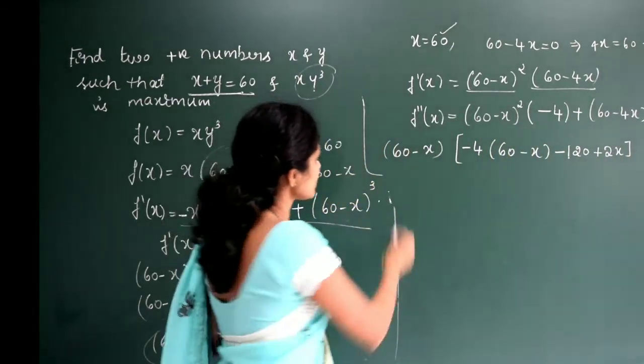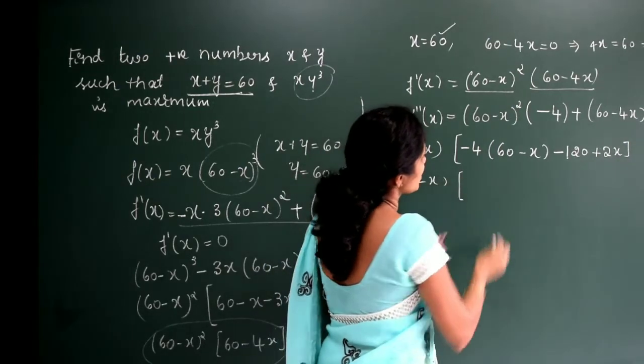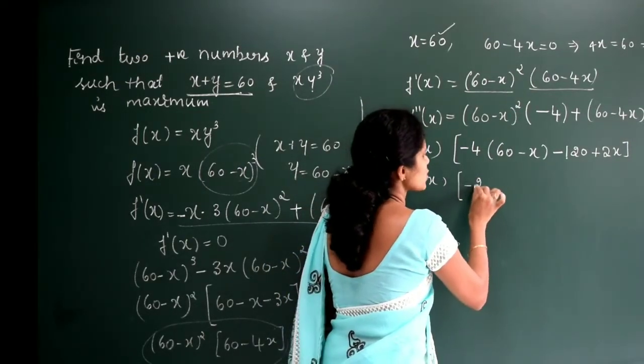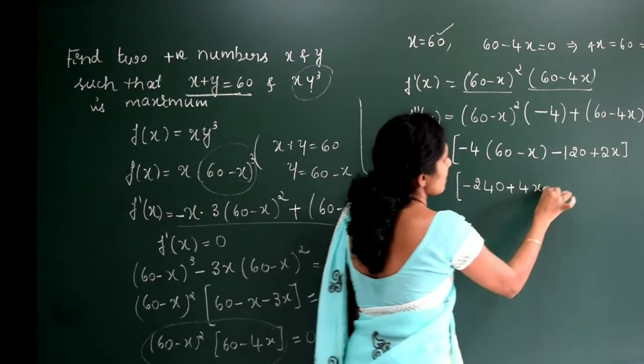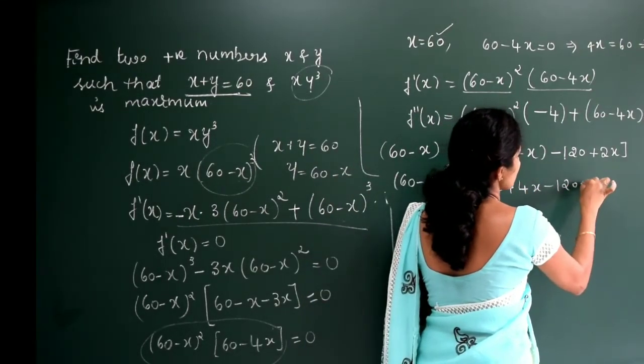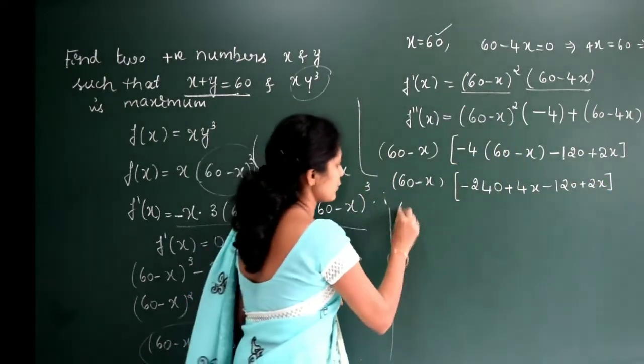Now we will simplify this. So by this I can write 60 minus x into, if you multiply, this will be minus 240 plus 4x minus 120 plus 8x. Is it clear? So this is just a simplification.